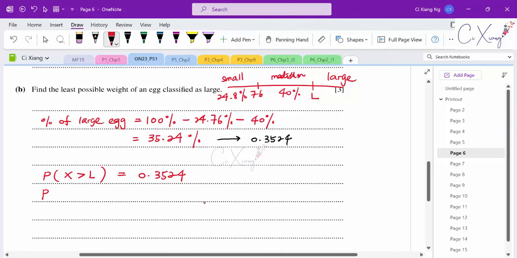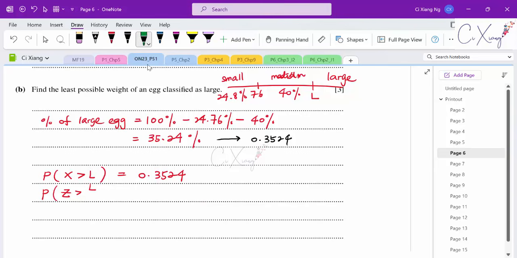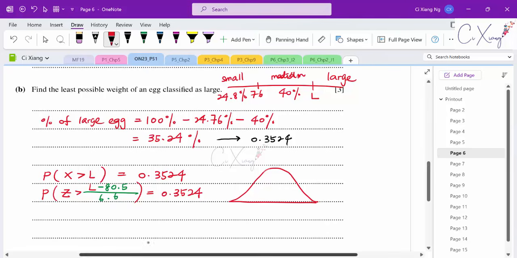X is still normally distributed, so I have to change it to Z first. I need to standardize it, where I take L minus the mean, divided by the standard deviation, and it is equal to 0.3524. To find the value of L, if I observe this whole equation and try to draw it using a normal curve, 0.3524 is a small area.